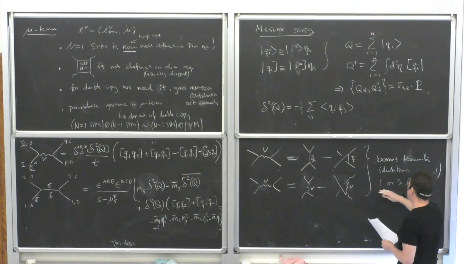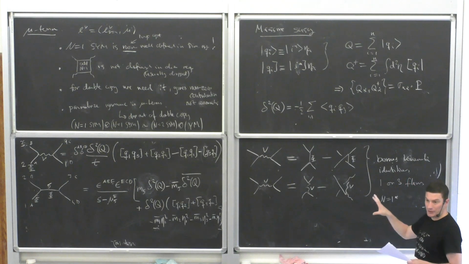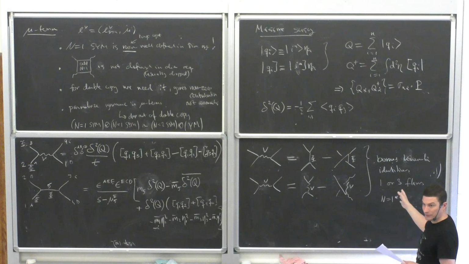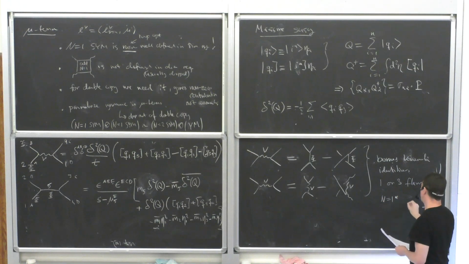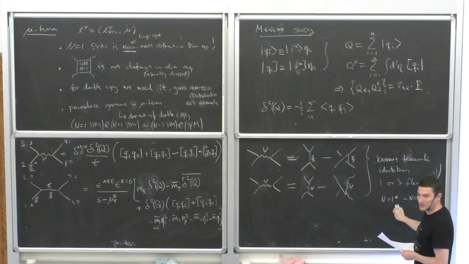It turns out that this is actually related to n equals 1 star. So if you have n equals 4 and you make 3 chiral multiplets massive, then you get n equals 1. And so that's precisely the situation here. So this is n equals 4 plus 3 masses. I think that's the definition of n equals 1 star.